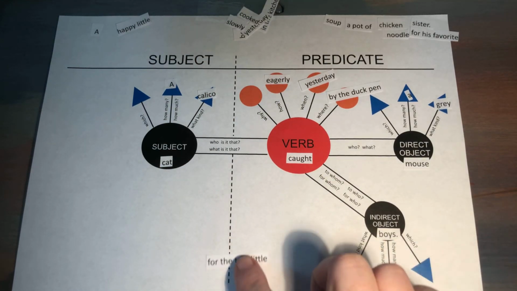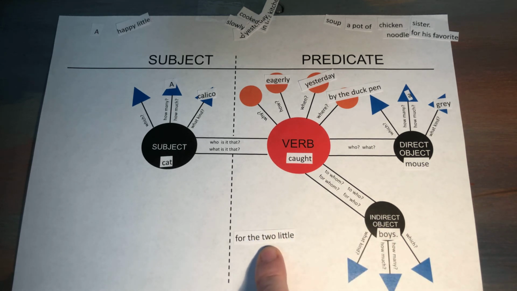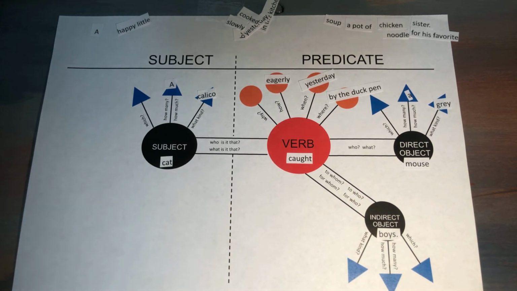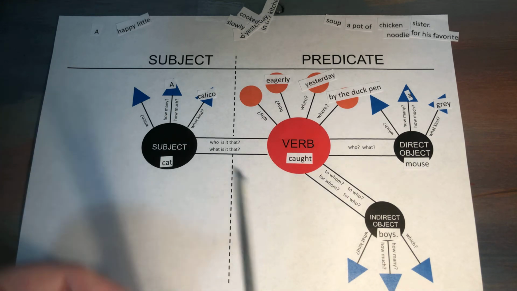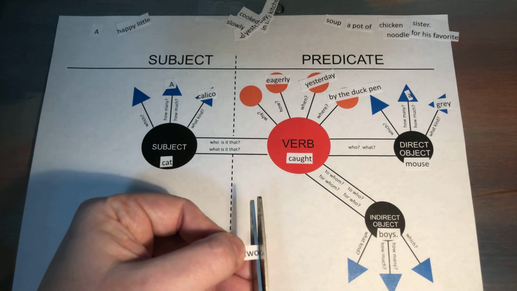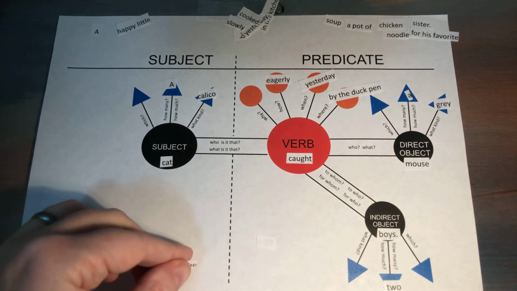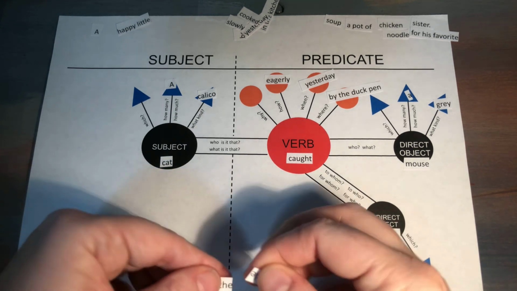Let's look at our indirect object. We have which, how many, and what kind. How many boys were there? There were 2. So let's cut out the word 2 and put it on how many. Let's turn our other word around.